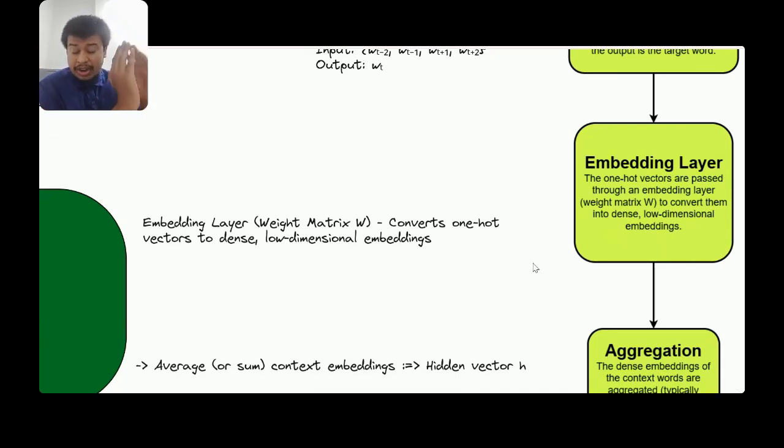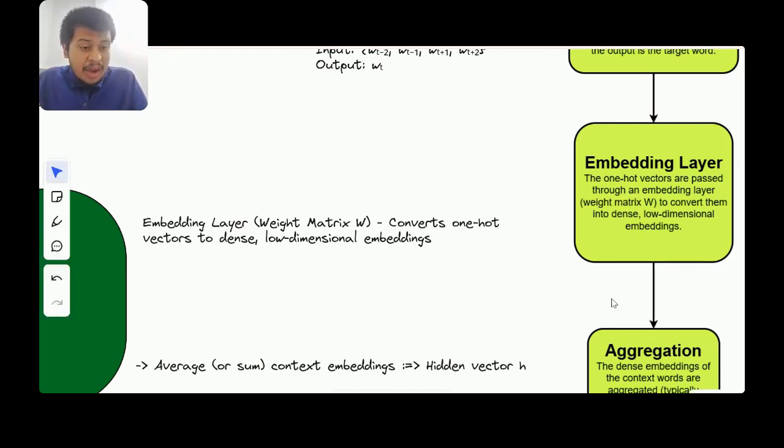We use a transformation matrix for transforming this particular one-hot encoded vector. That could be your weight matrix, or the parameters of your neural network. And we multiply them, and then we get the needed dimensional row vector. That could be your embedding layer's output.